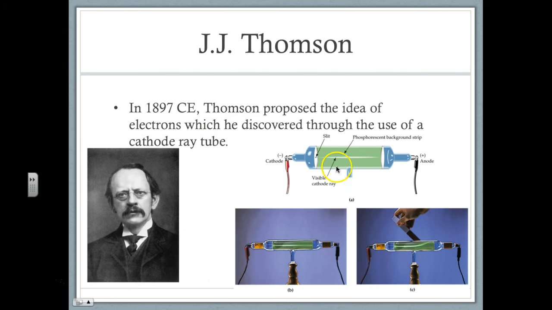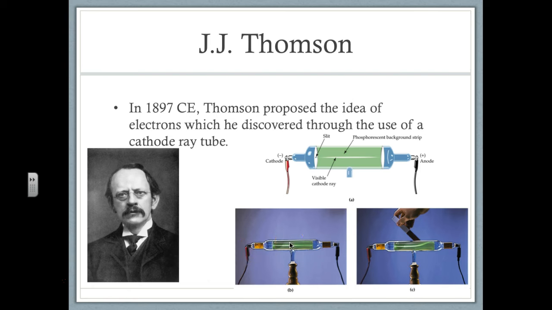And this green beam he discovered was attracted to a positive metal plate. And since it was attracted to the positive plate, he figured this green beam had to be composed of negatively charged particles.